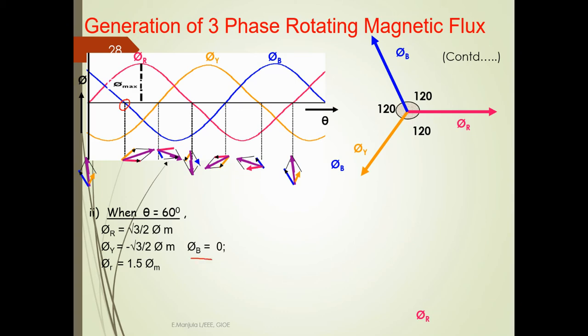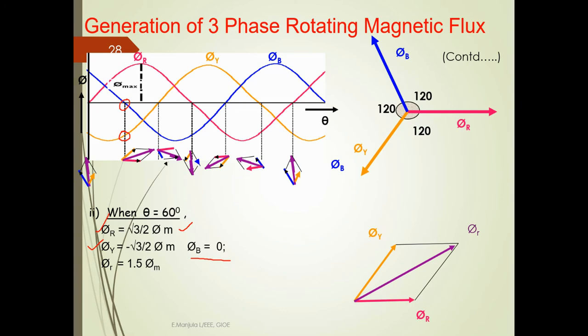Phi r is in the positive direction and it is root 3 by 2 phi maximum, and phi y is in the negative direction and it is minus root 3 by 2 phi maximum. So both are the same as before.